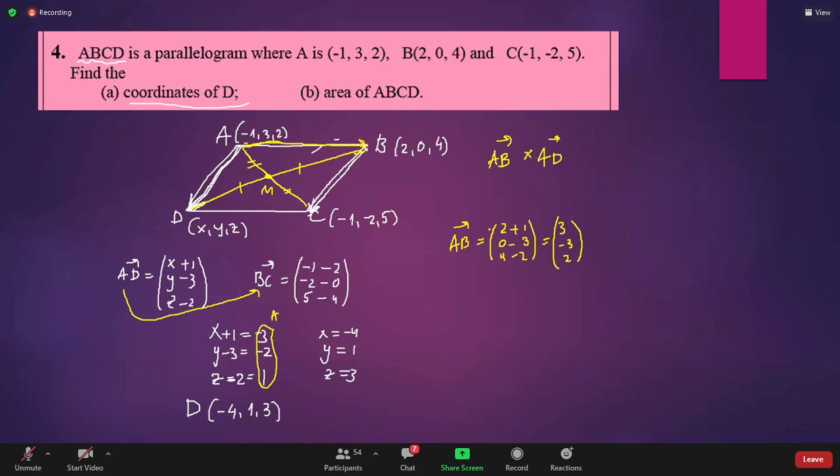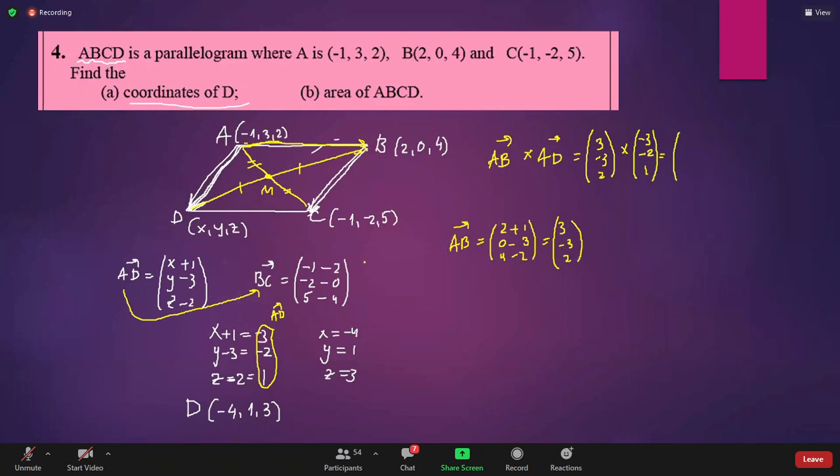So in fact, now I can multiply. AB times AD would be 3, -3, 2, times coordinates of AD, -3, -2, 1, as found before. And so this vector would be: eliminate or ignore first coordinates, you get -3 minus -4, that is +1.